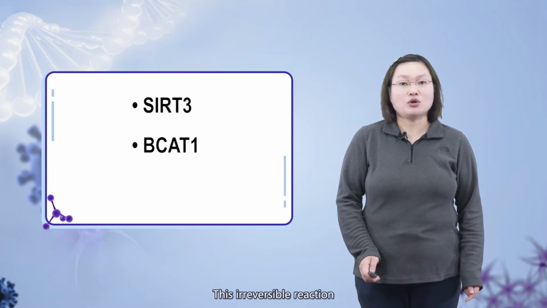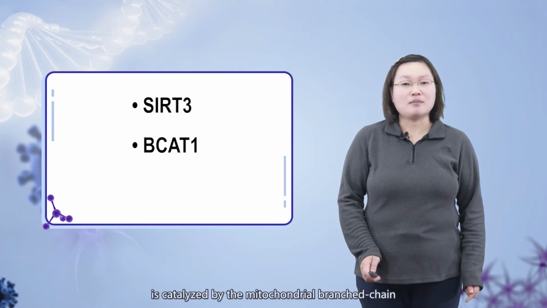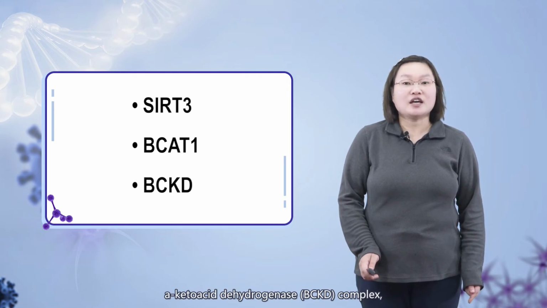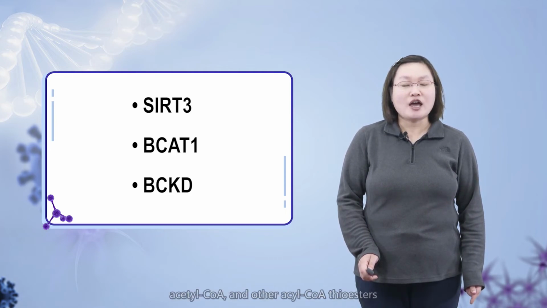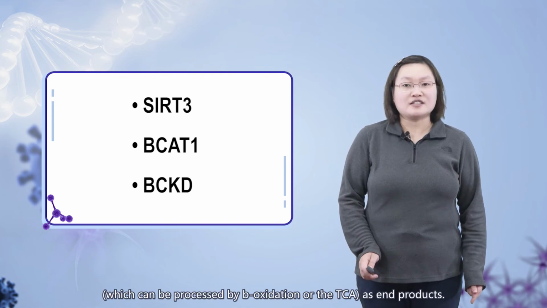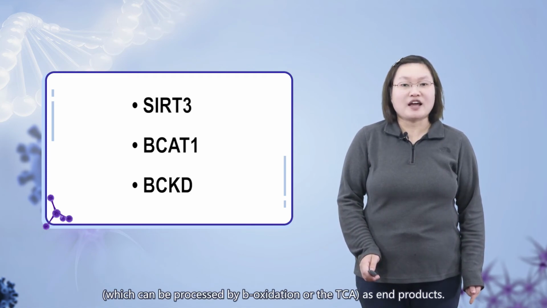This irreversible reaction is catalyzed by the mitochondrial branched chain alpha keto acid dehydrogenase, the BCKD complex, a large multi-component enzymatic system yielding NADH, acetyl-CoA, and other acyl-CoA esters, which can be processed by beta oxidation or the TCA cycle as end products.